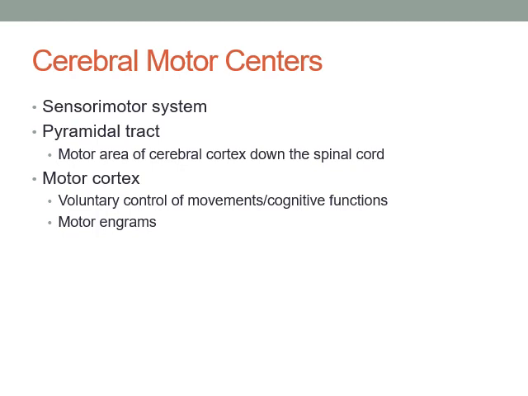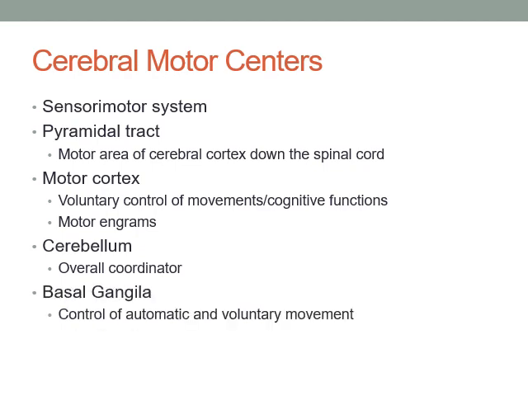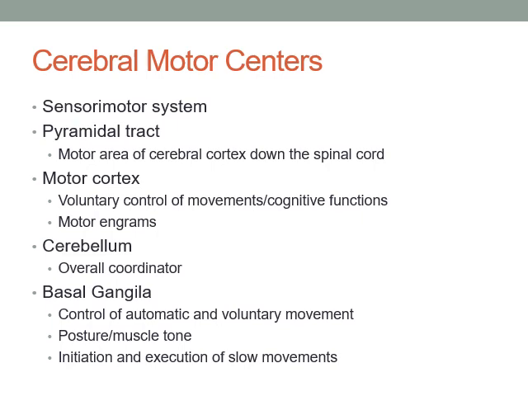Those are patterns that are stored in the motor cortex. The cerebellum is an overall coordinator of our motor information. And then you have the basal ganglia, which is control of both automatic and voluntary movement. It's also responsible for posture and muscle tone, and the initiation and execution of slow movements.